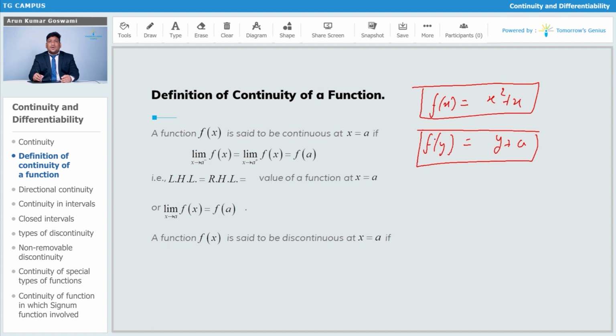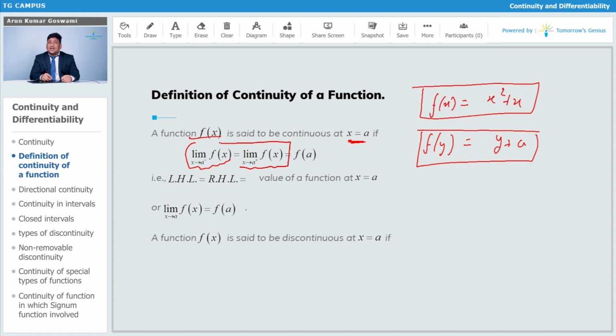When I have to prove any function, either f of x or f of y, to be continuous, we say that f of x is said to be continuous at x is equal to a when my limits x tends to a negative and x tends to a positive are equal.